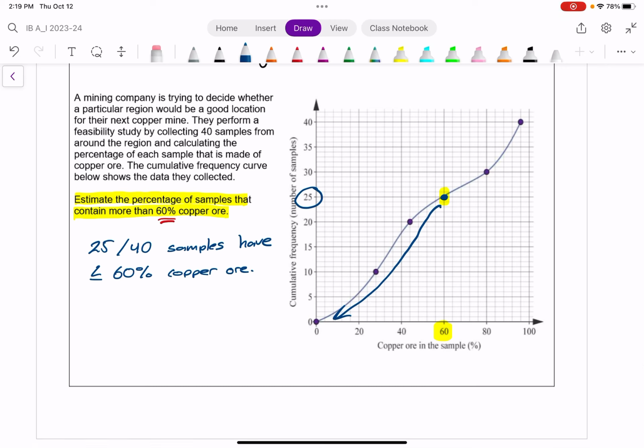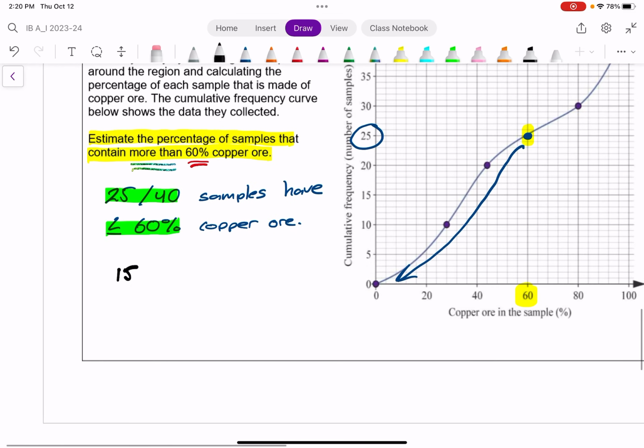Which means if 25 out of 40 have up to 60%, all the rest must have more than 60%. All the rest being the other 15. So that means I have 15 out of 40 samples have more than 60% copper ore.